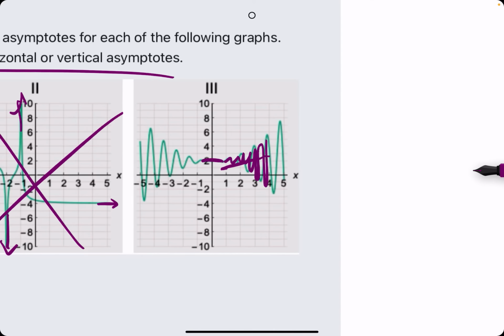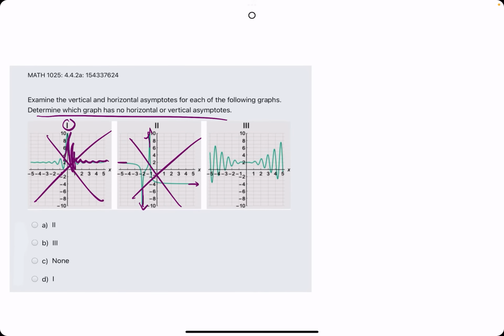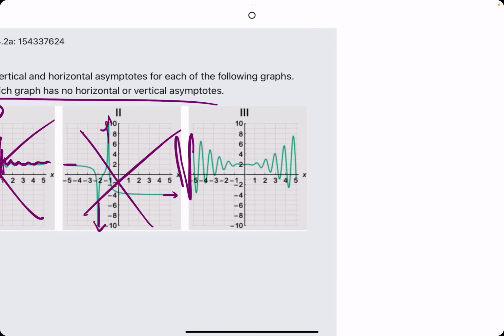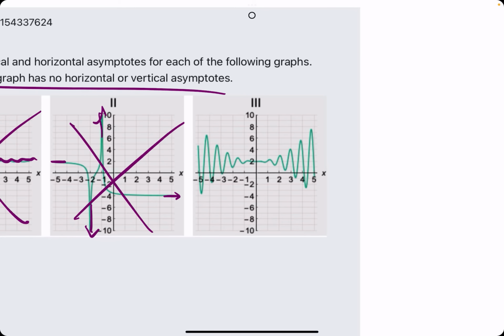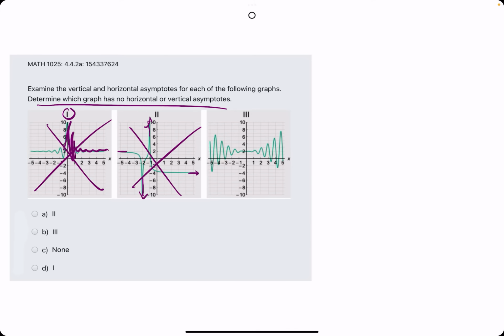So this one would not have any horizontal asymptotes, because as it goes left and right, it's not leveling off at any one y value. And then there are no splits in the graph. There are no vertical asymptotes where it does something like this or something like this. So number 3 is likely our answer.